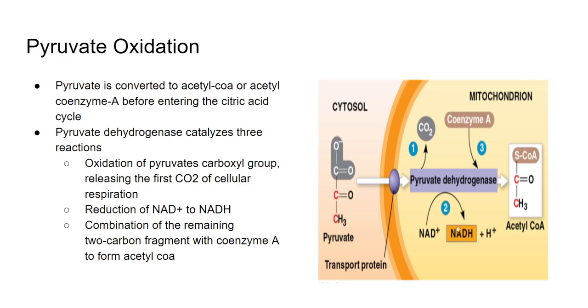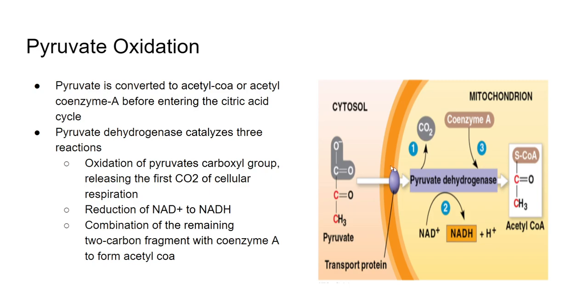NAD+ instead. And after all of these processes happen, coenzyme A is going to come in, and now we have this new structure. We have C double bonded to O, CH3. Remember, the CO2 is gone, because we oxidized the pyruvate's carboxyl group, which released the first CO2 of cellular respiration, and that's what caused the reduction of NAD+ to NADH.